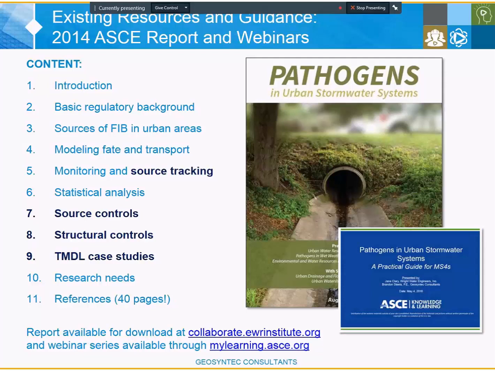It talks extensively about the topics in today's theme: source tracking, non-structural controls, which we call source controls here, structural controls, and then case studies. So I would refer people to this. It's a freely available resource available for download at this website at the EWR Institute.